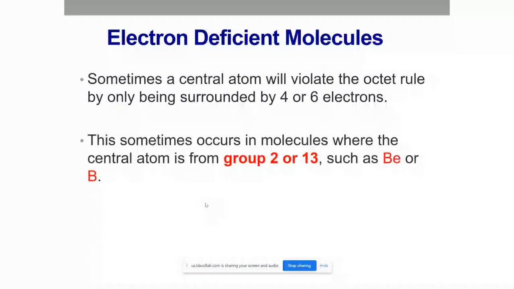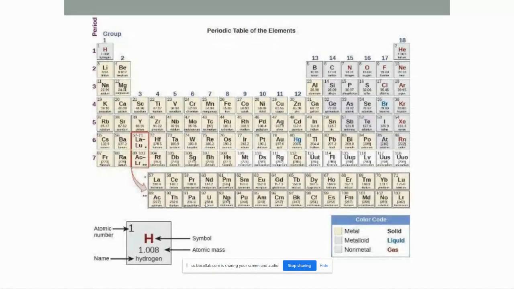And the elements in group 2 or 13, so going back to my periodic table again, this is my group 2: beryllium, magnesium, calcium, strontium, barium, and radium. And group 13: boron, aluminum, and so on. These are the atoms that violate the octet rule.